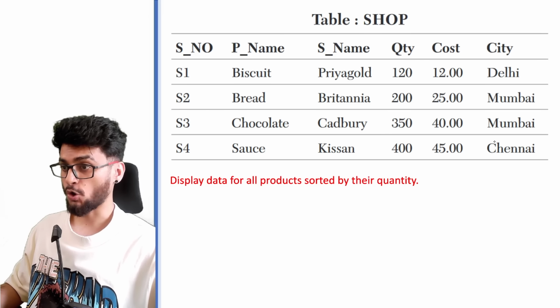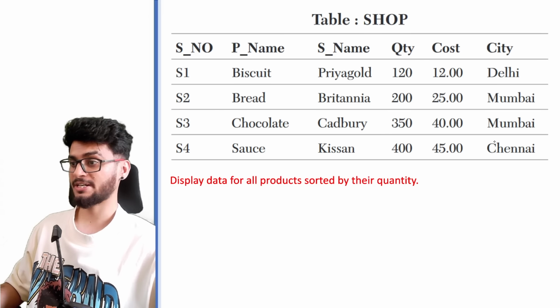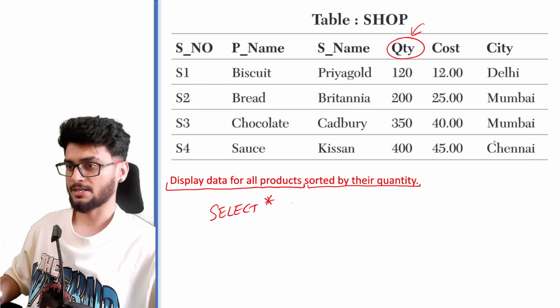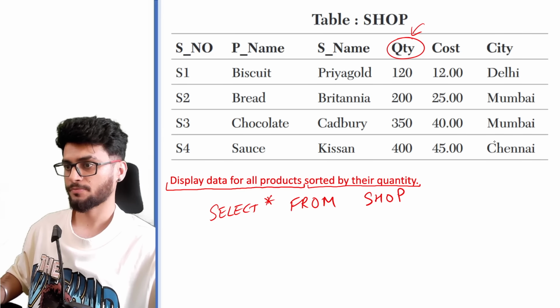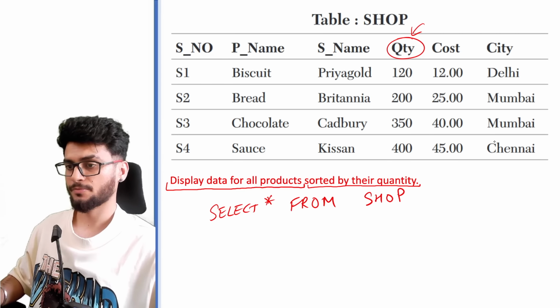Display data for all products sorted by their quantity. So two parts, display data for all products, and the second is sorted by their quantity, basically this column. So we say select star from shop sorted by their quantity.